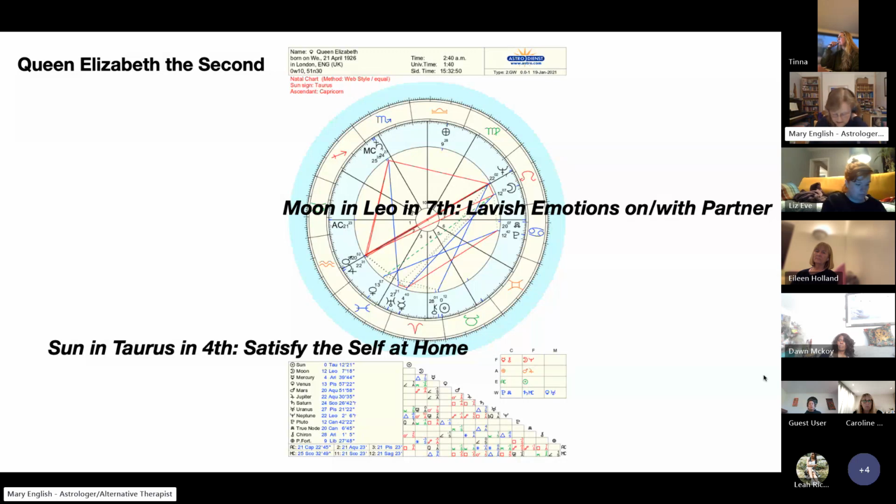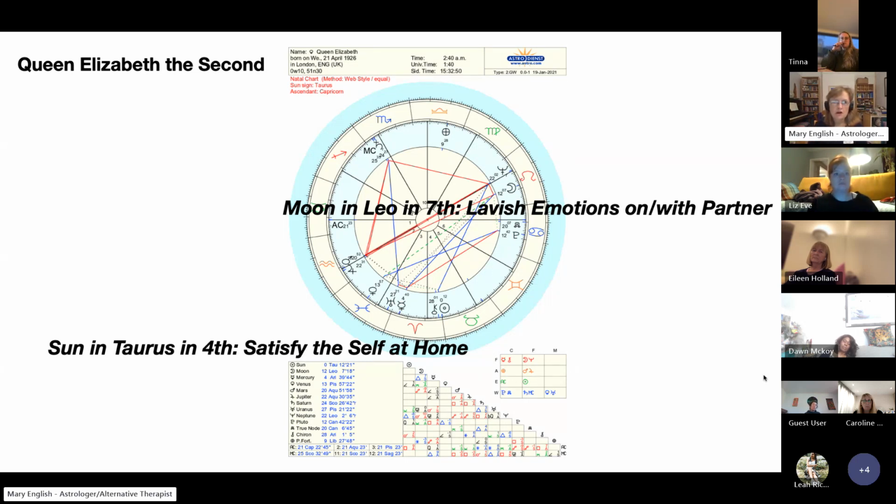If you remember during the pandemic, the photographs of her in the church on her own, behaving herself, that's the serious Capricorn ascendant, but she looked rather sad there all on her own without her husband. But she did what she was supposed to, inverted commas, do because of that serious Capricorn ascendant. But anyway, Moon in Leo in the 7th, lavish emotions on your partner.